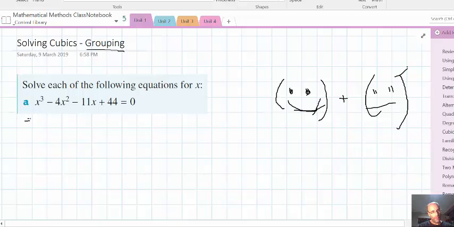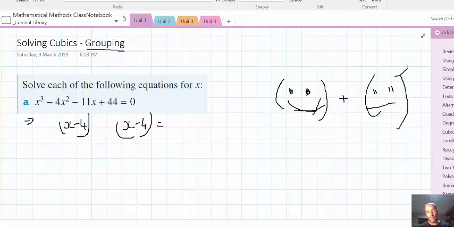Well, we can. So what we need to do is see what groupings are available. If we look closely at the pattern, x minus 4 could work in here. If we look at the first two terms and then the second two terms, like that decomposition method, you can see that if we have x minus 4, what factor would we need out the front of here?